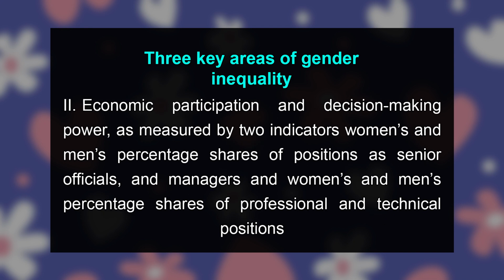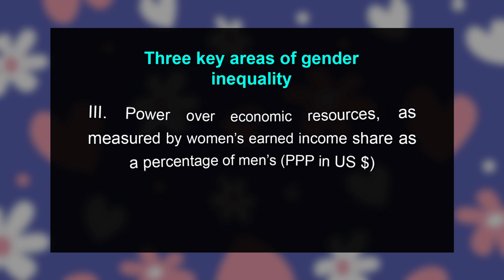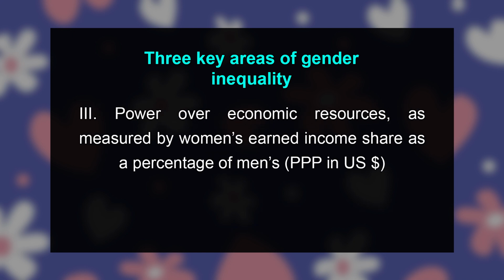Second, economic participation and decision making power, as measured by two indicators: women's and men's percentage share of positions as senior officials and managers, and women's and men's percentage shares of professional and technical positions. Third, power over economic resources, as measured by women's earned income share as a percentage of men's, purchasing power parity in US dollars.